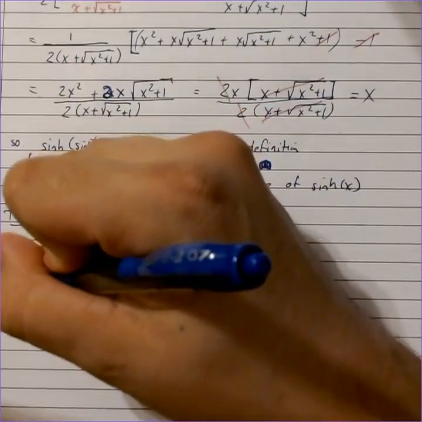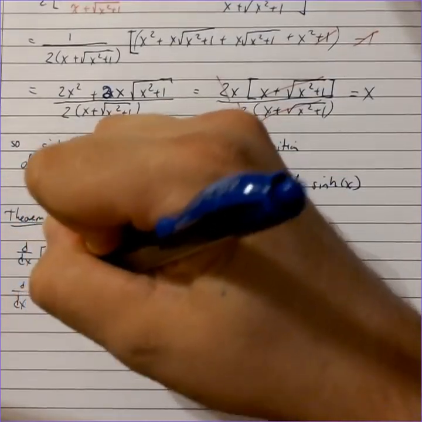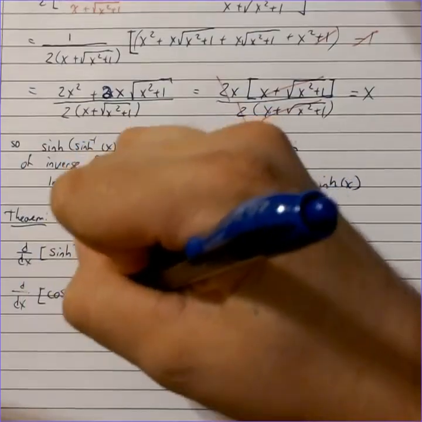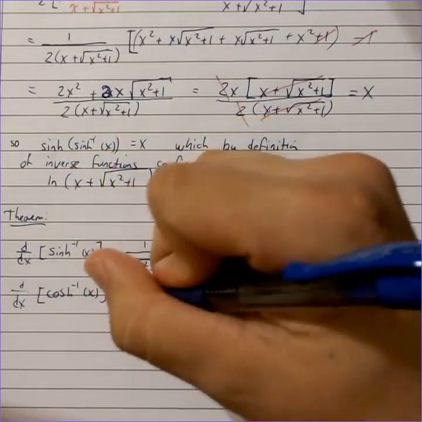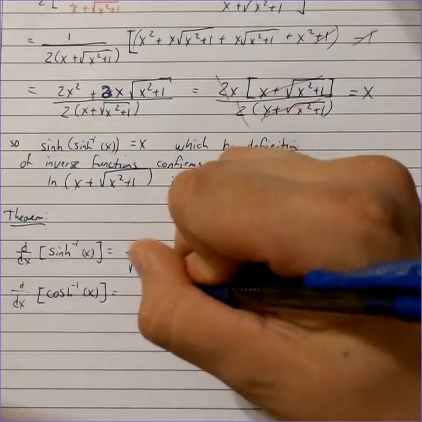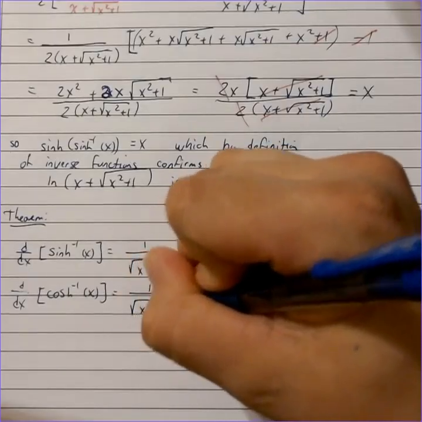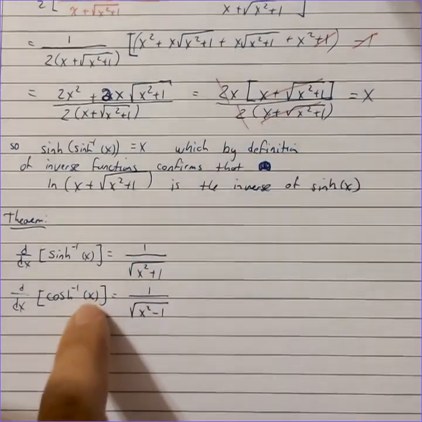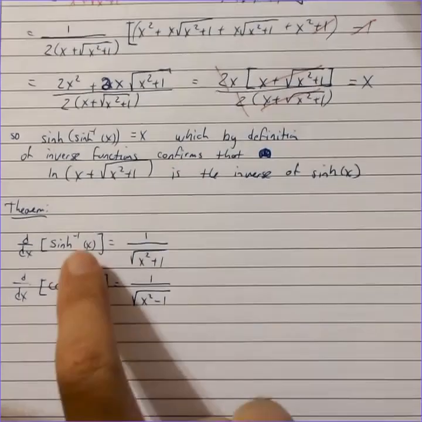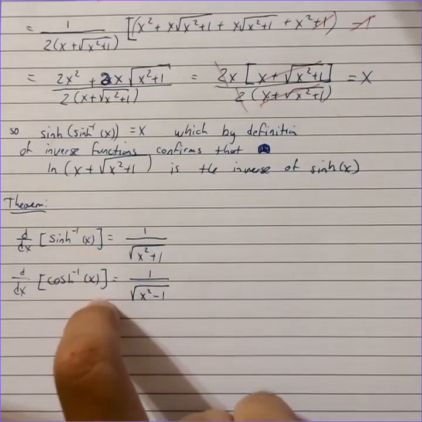The derivative with respect to x of the inverse hyperbolic cosine function is going to give us something that looks very familiar. It's going to equal 1 over the square root of x squared minus 1. Again, if this is a function of x, you could always just use the chain rule.